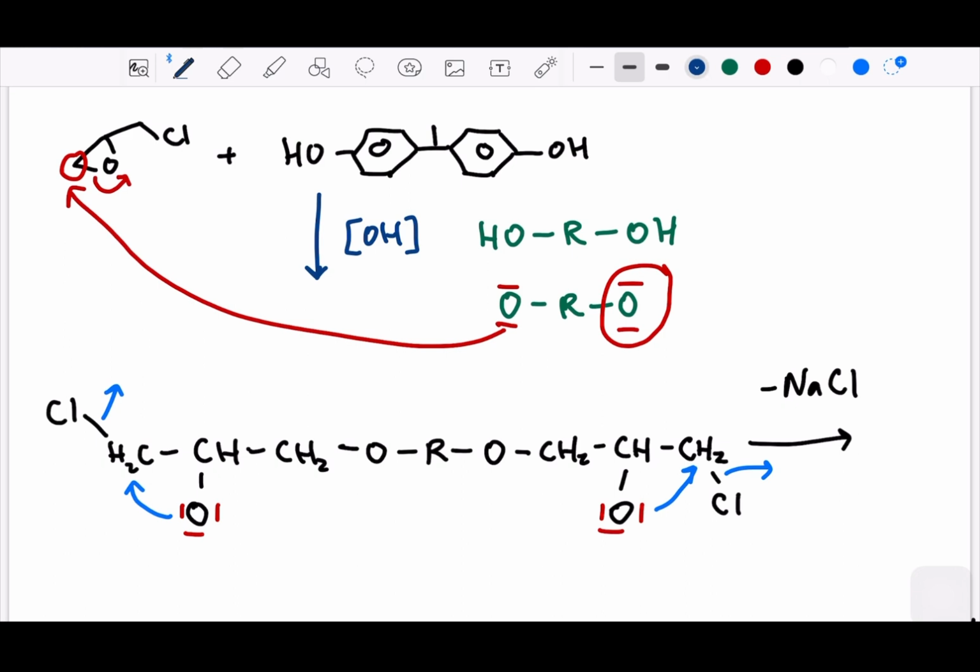So it has the hydroxide groups, and also we have the natrium, right? The natrium will combine with the chlorine.